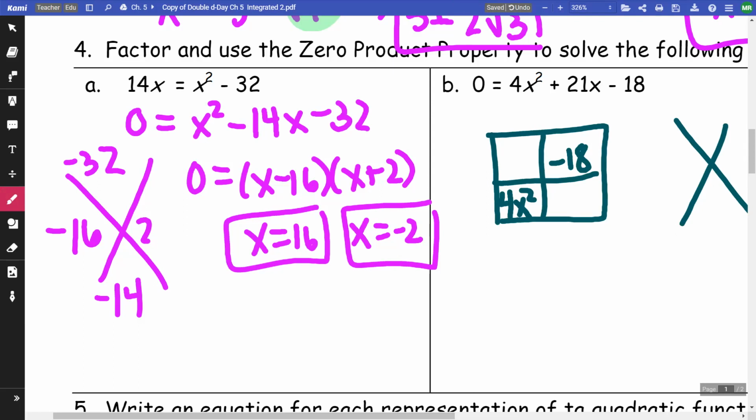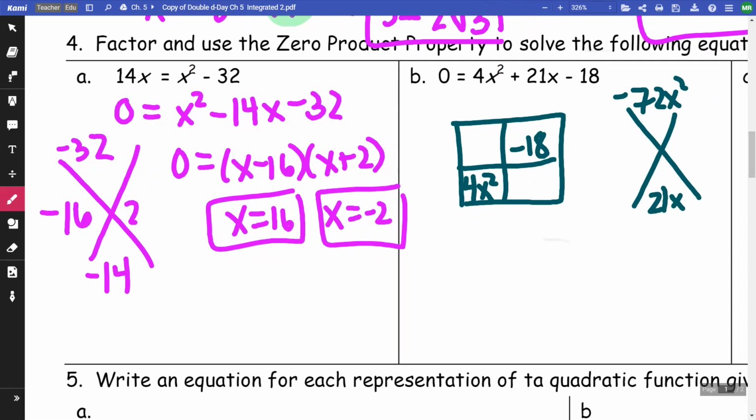And that is going to give me 4 times 18, which is a negative 72, and it has to add to a 21x.